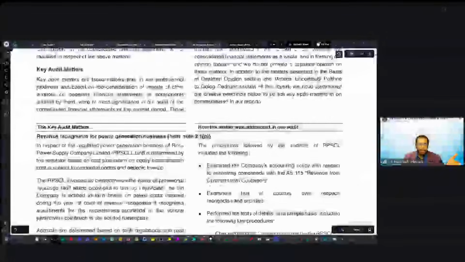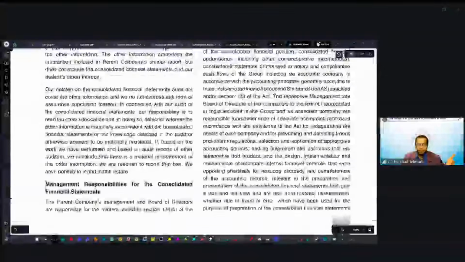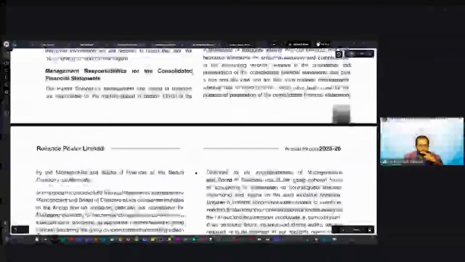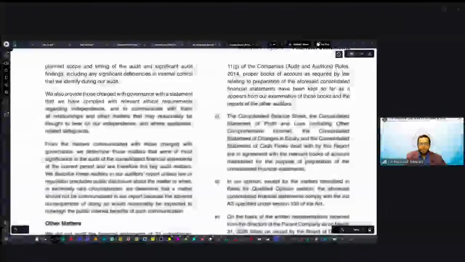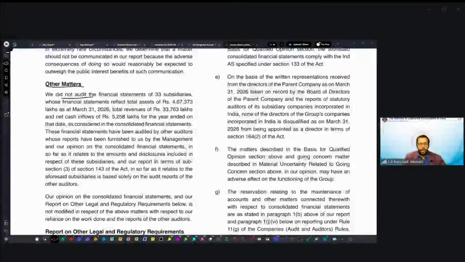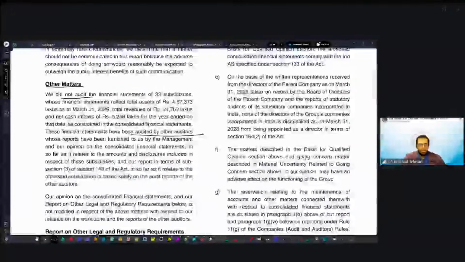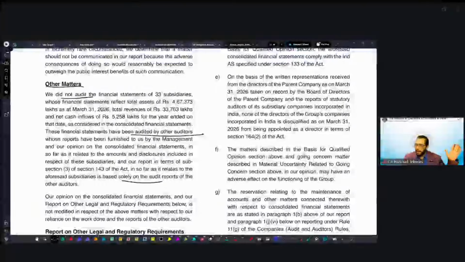Very important part. And again, the other matter paragraph will also be present here. Simple. We did not audit; that has been audited by other auditors, and the auditor has relied on the audit reports. There might not be any entity which is not being audited, and accordingly that is fine.